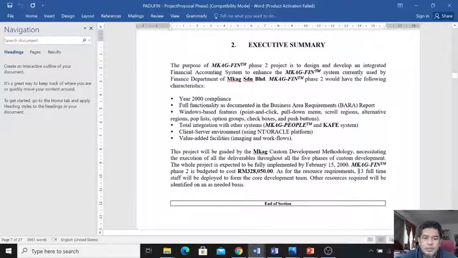Because one page is not enough to write everything, you just mention that the details of the requirements of the system or description of the project will be covered in the next section or chapter.